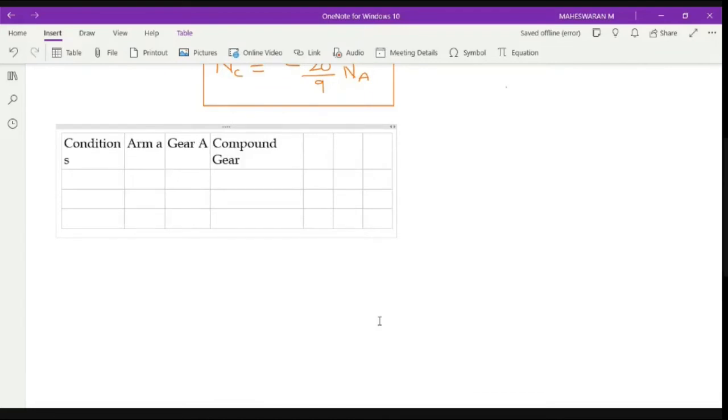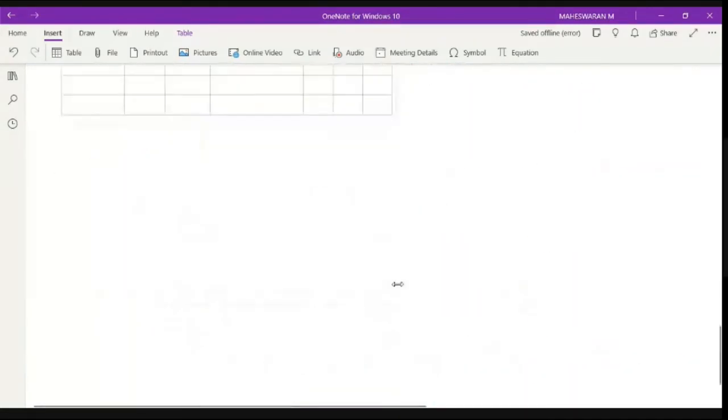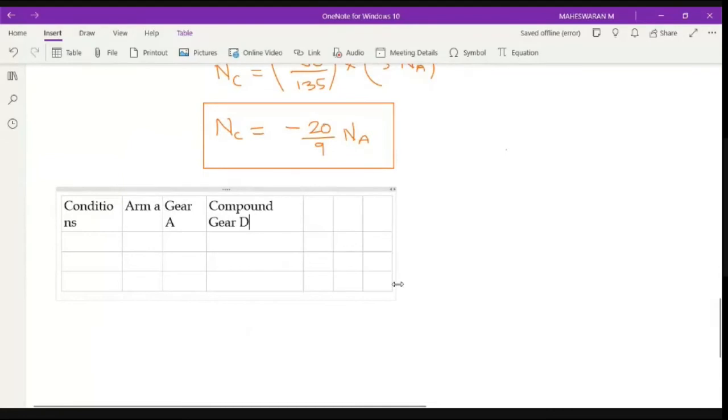Next, compound gear. What is the compound gear? D and E, right? So compound gear DE.